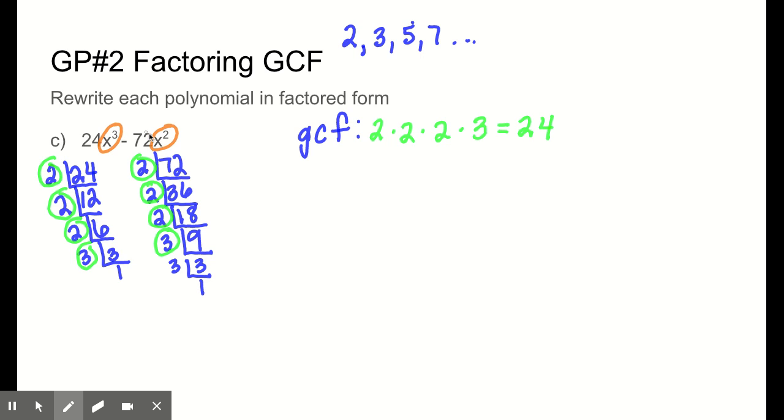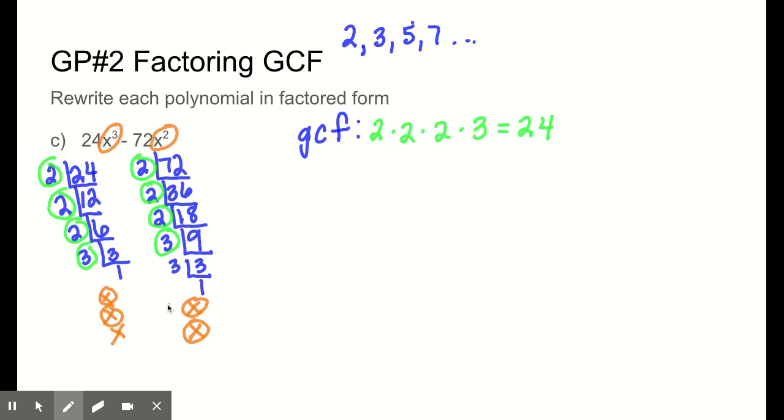Now, if I were to break these variables down, similar to this prime factorization, x to the third power would be x times x times x, and x to the second power would be x times x. So they have one x in common. They have two x's in common.